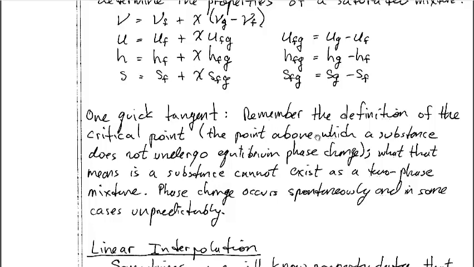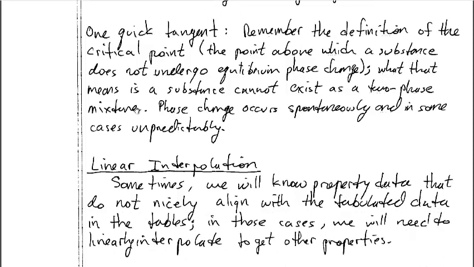And the phase change between the two happens spontaneously. You can't have this region of two-phase mixture. And what's also kind of interesting is that phase change above the critical point is rather unpredictable, right? So there are different perturbations that can lead to different ways that phase change occurs. It doesn't happen under what we call equilibrium conditions.